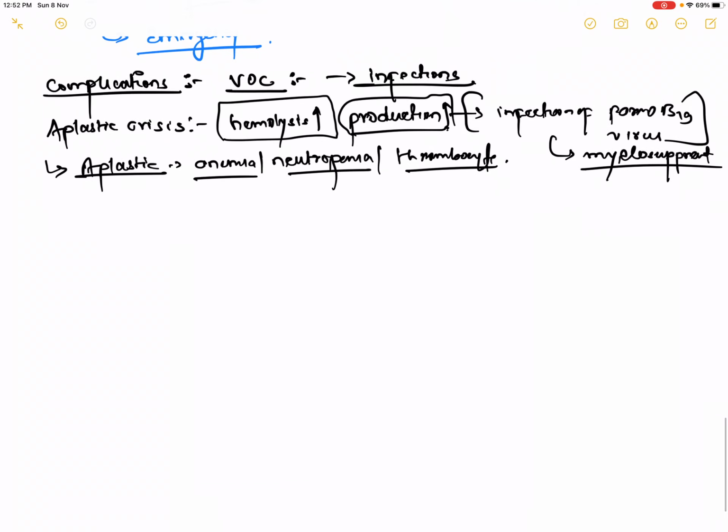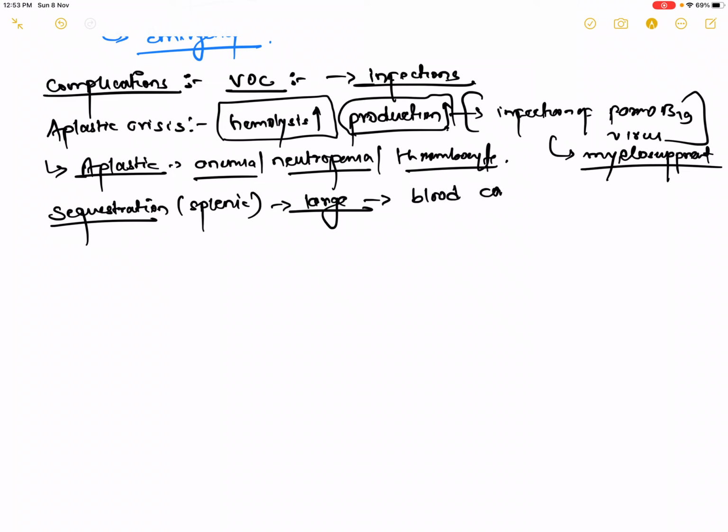So the next complication that can happen is sequestration, that is splenic sequestration. Since there is a large spleen due to hemolysis, a large amount of blood can pool and get sequestered in the spleen.